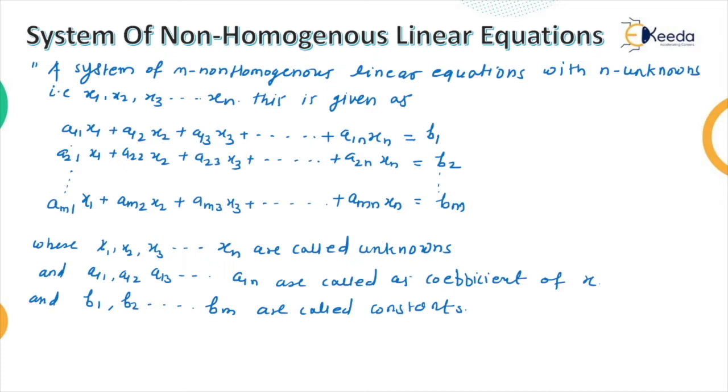Suppose this is equation 1, this is equation 2, this is equation 3, and so on, up to m equations. So this is a system of m equations in n unknowns.